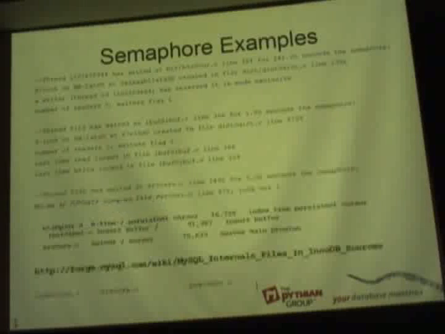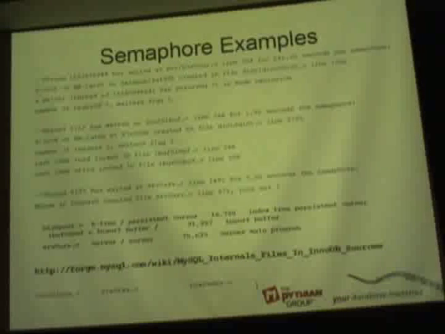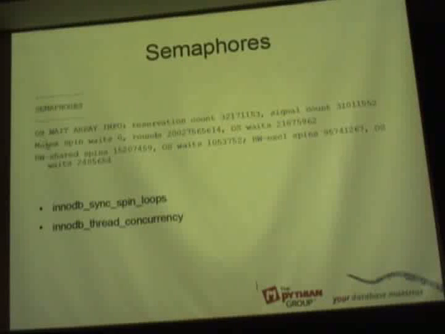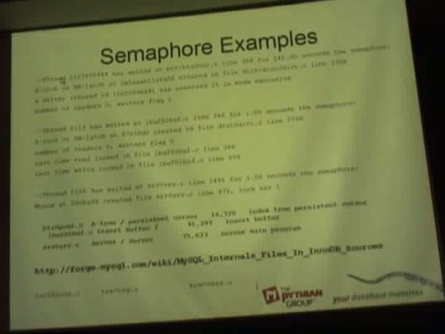So for example, and this may be what you're asking, in the semaphore section, you'll start with this, and then you might get to these things. This is a thread number, and this is the thread ID that you see when show process list has waited at this line in the source code for 242 seconds, and the semaphore is an S-lock on the read-write latch at this hex value, created in file dict0dict, line 1356.